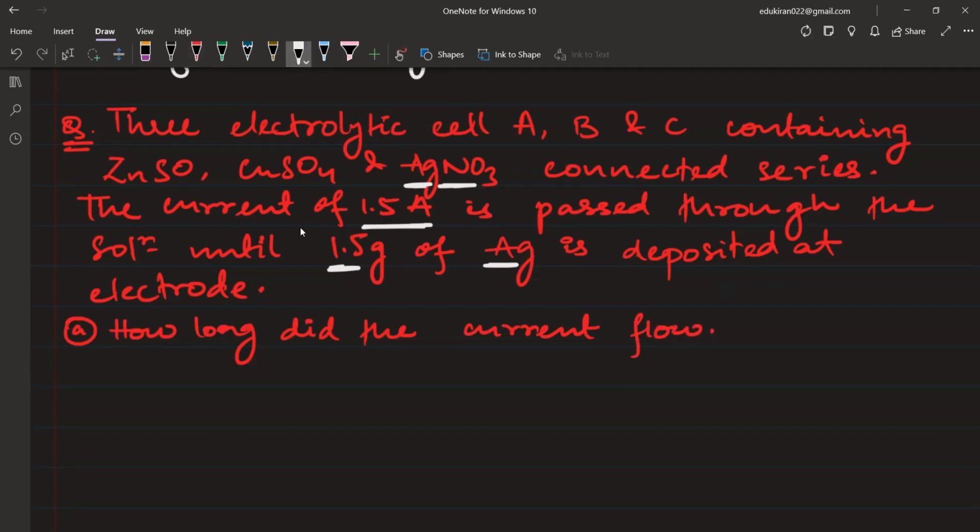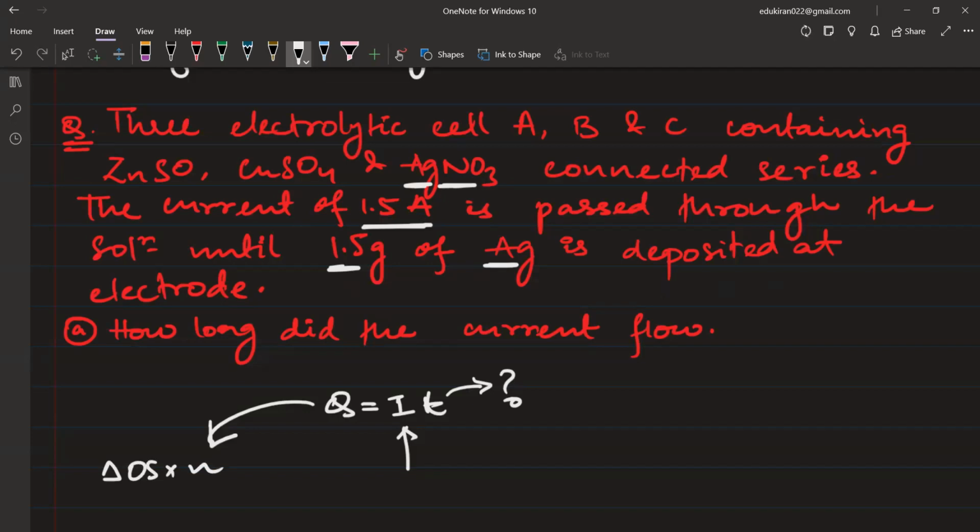If you remember the equation Q is equal to IT, then from here you have been given I. They are asking you the time. That means you have to calculate the Q, and Q is equal to delta OS into the number of moles, right?